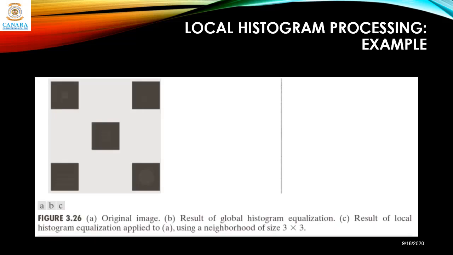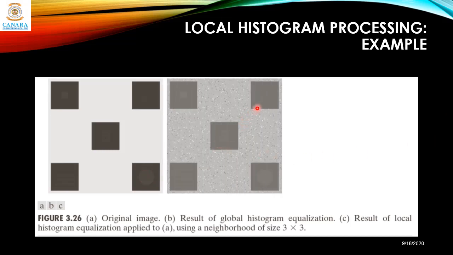Let us consider one more example. If you increase the brightness of your screen, you can see a pattern within this black square. There's a white square, a diagonal line, an alphabet A inside this, some lines, and one circle here. Now, if you perform global equalization, the result will be like this. Again, there is not much of an enhancement.